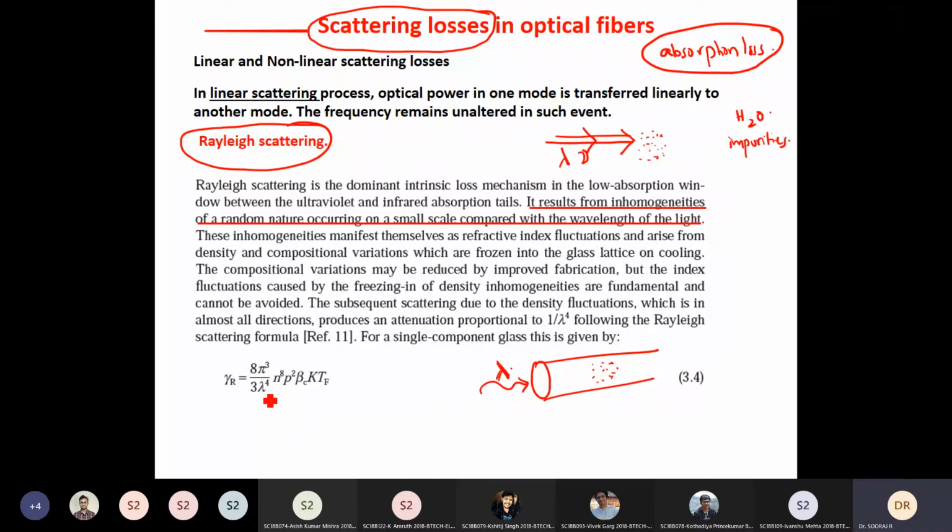That means if you are using a longer wavelength, the losses due to Rayleigh scattering are going to be small. Therefore, compared to 1300 nanometer, using 1550 nanometer is better because the Rayleigh scattering loss is going to be small. So this is a linear scattering process.